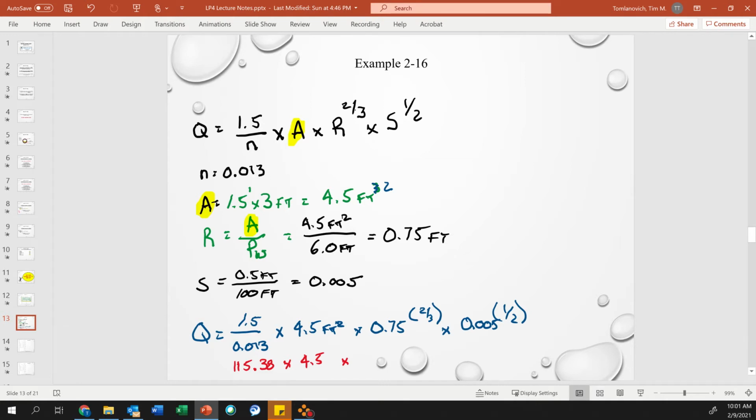So this is 115.38 times 4.5 times 0.75 raised to the 2/3. Make sure you put the 2 divided by 3 in parentheses.